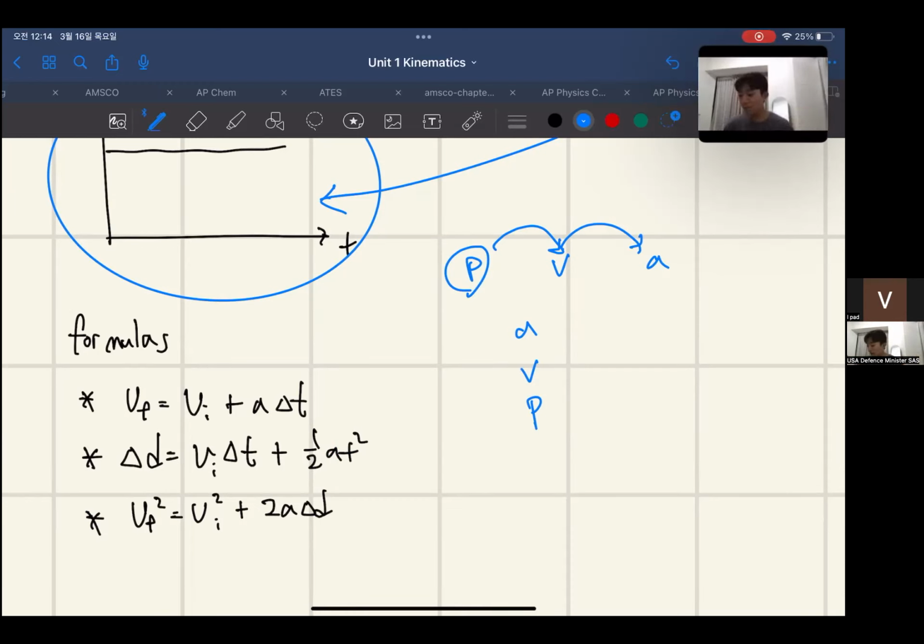Now, when you have this list, you can find this relationship: the slope of the inferior one is the value of the superior one. So the slope of the PT graph is velocity, and the slope of the velocity-time graph is acceleration.